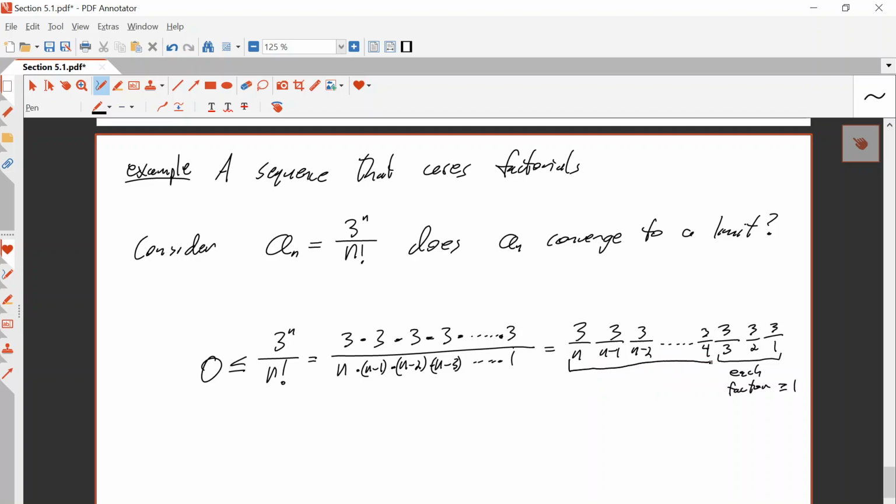These factors are all less than or equal to 1. When you take a bunch of numbers smaller than 1, their product is less than 1, right? When you multiply by something less than 1, it makes it smaller.